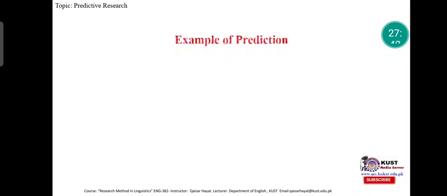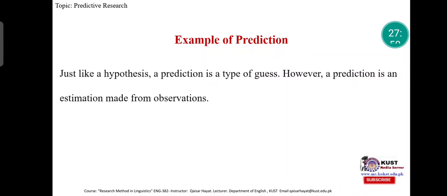Students, let me give you an example of predicting. Just like a hypothesis, a prediction is a type of guess. In the lecture on hypothesis, we studied that a hypothesis is a type of prediction, that this would be like that; whether the statement is correct or not would be proved later on, but a hypothesis can be made.